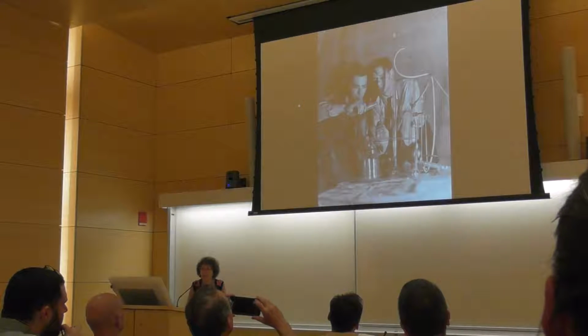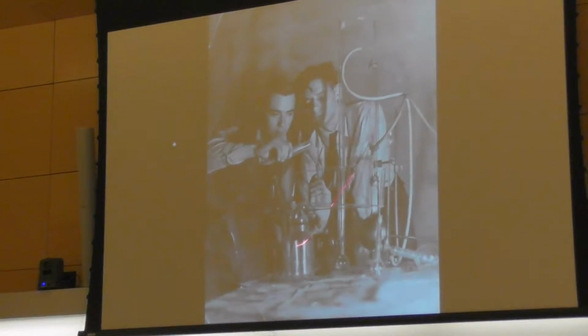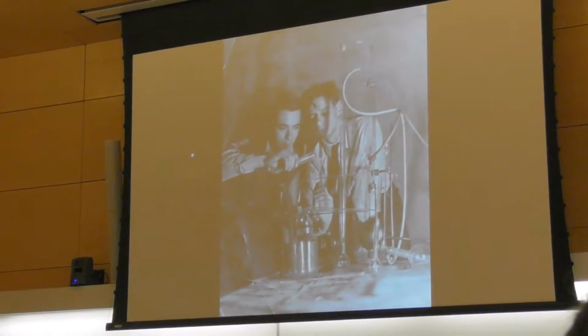This is his lab in high school. Ray is the guy over there on the right. And I don't know what they made in those labs, and a lot of those things didn't work, but they made them.